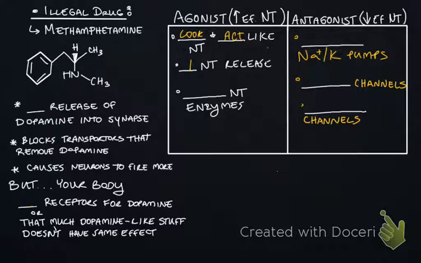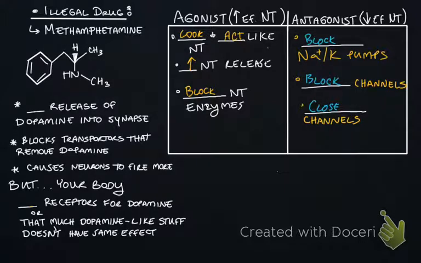It will increase the neurotransmitter release into the synapse, and it can actually block neurotransmitter enzymes. If it is an antagonist, which means it's going to decrease the effect of the neurotransmitter, it can block things like sodium-potassium pumps. It can block channels. It can also close channels, inhibiting the effect of the neurotransmitter.